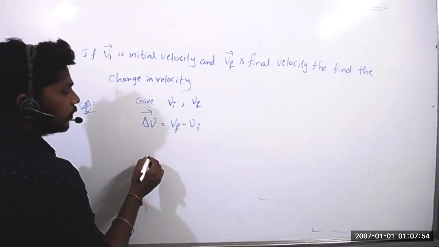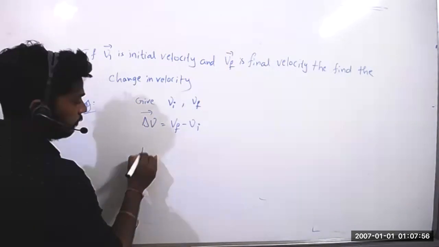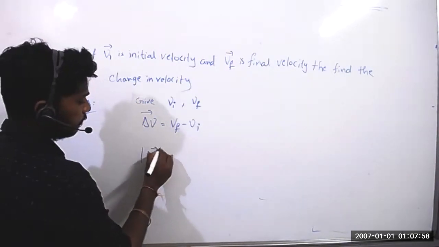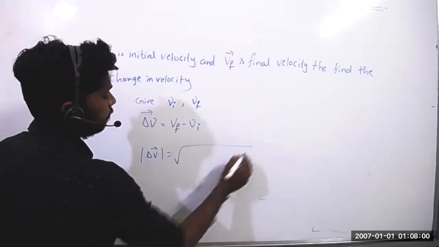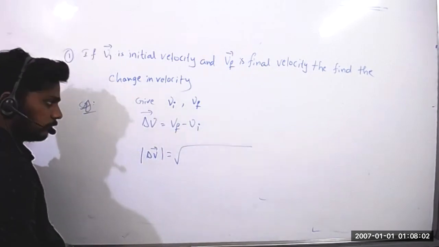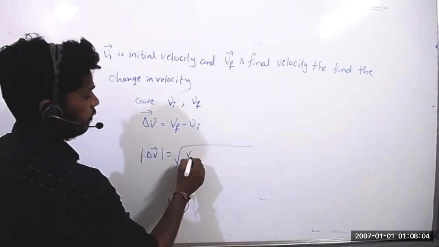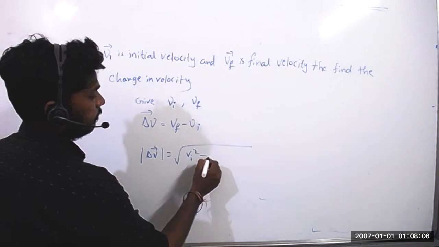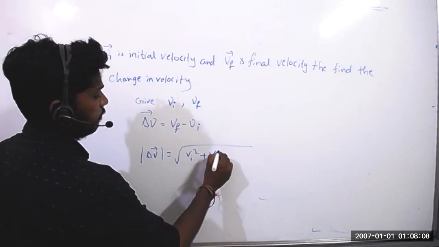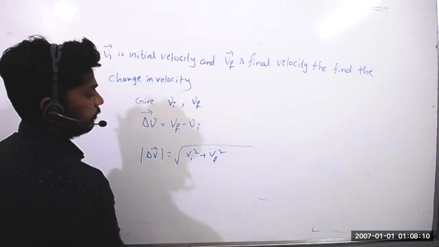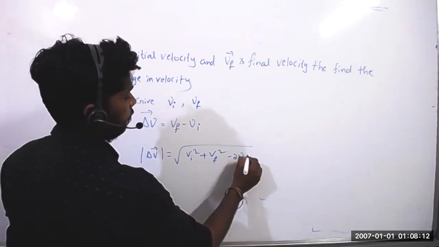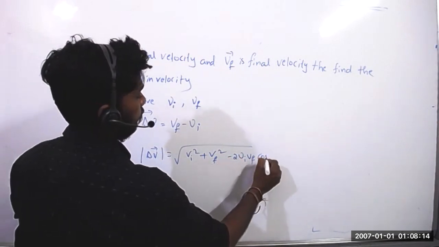If you want the magnitude of it, what do we have to write? Magnitude of delta V bar equals root of Vi squared plus Vf squared minus 2 Vi Vf cos theta.